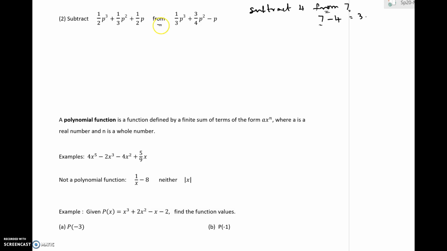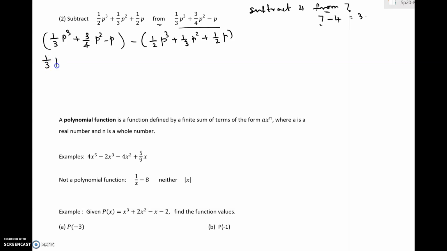So here after the word from, we get this polynomial. So this goes first: 1/3 p cubed plus 3/4 p squared minus p, then minus the first one, 1/2 p cubed plus 1/3 p squared plus 1/2 p.